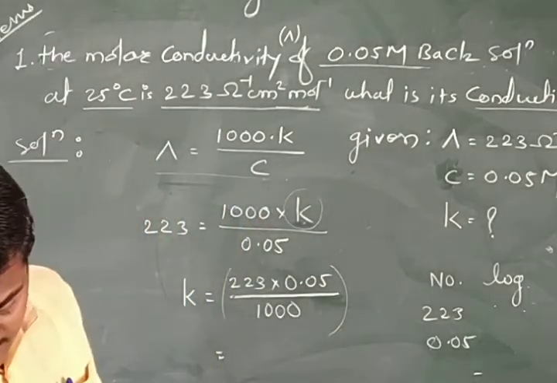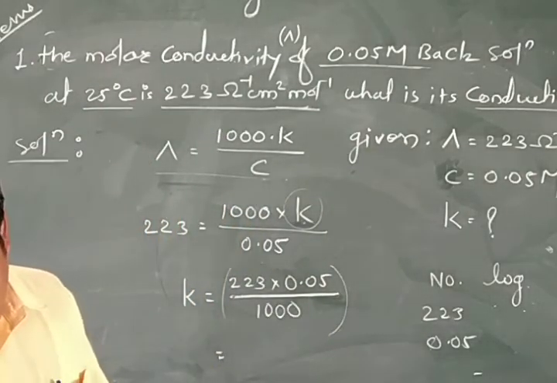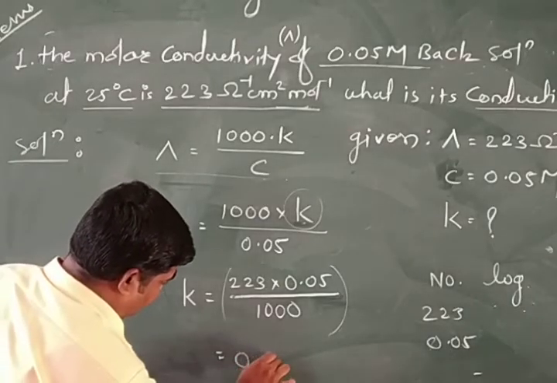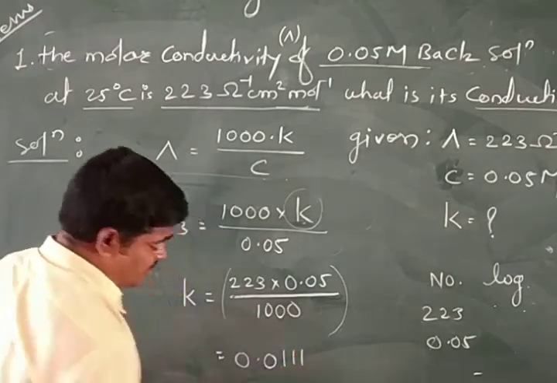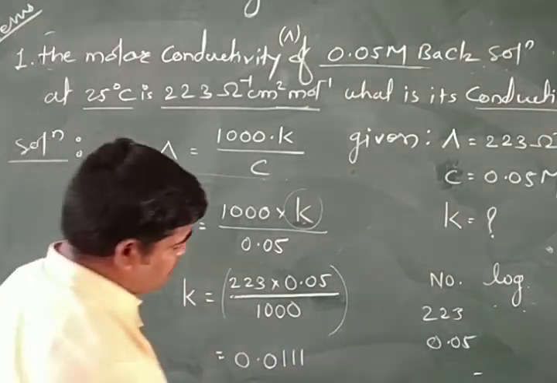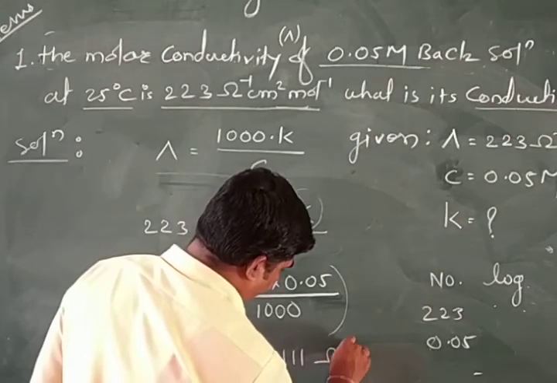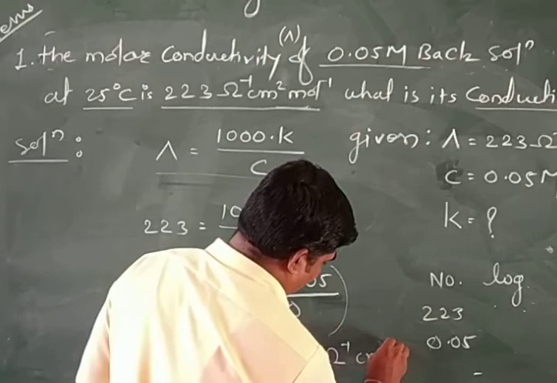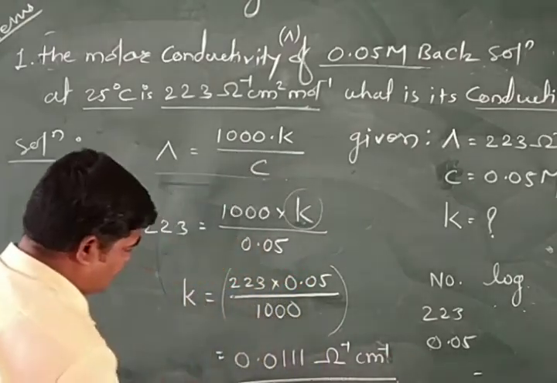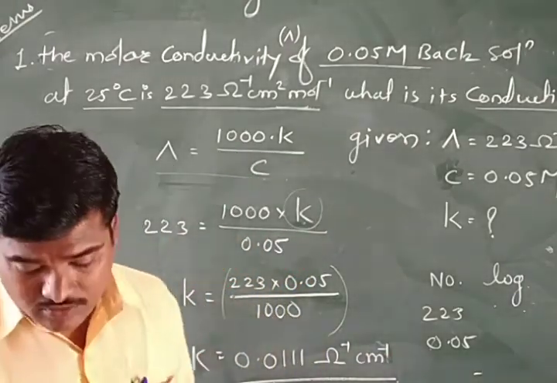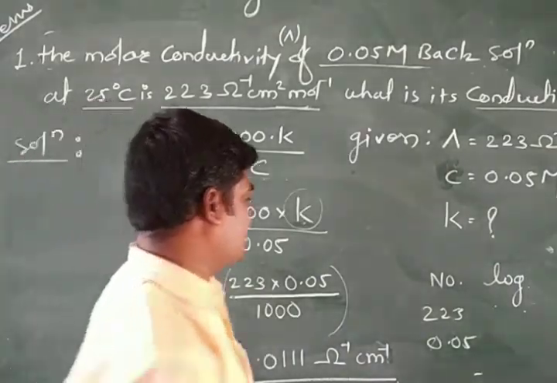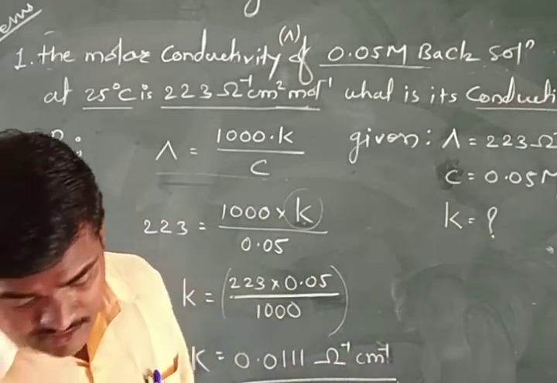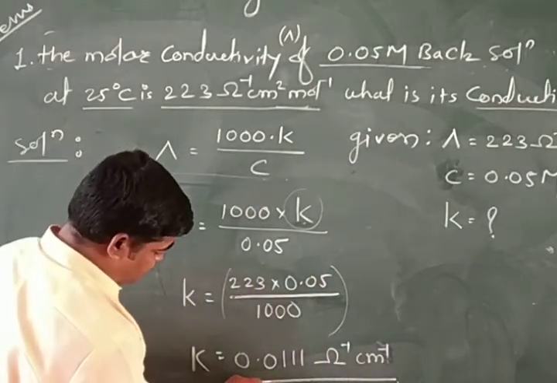Now students, after calculating all these quantities you will get the answer 0.0111, like this value, in ohm inverse centimeter raised to -1. This is the unit for K. So this is the solution of this problem, and by using the log table we can calculate this value for K.